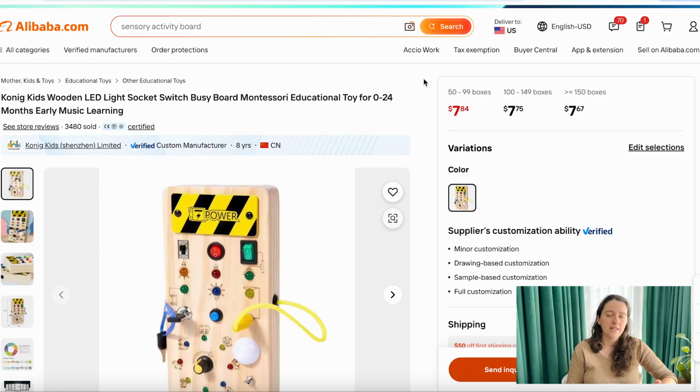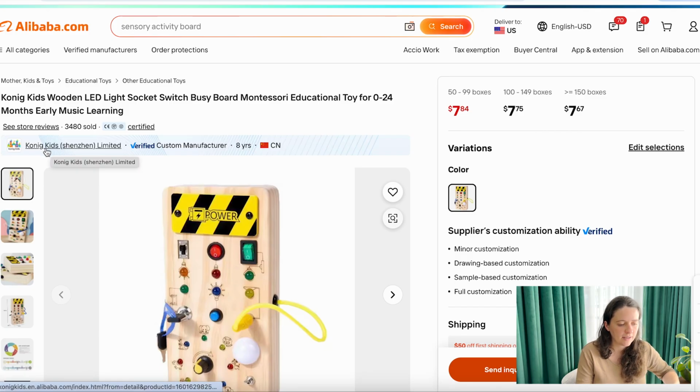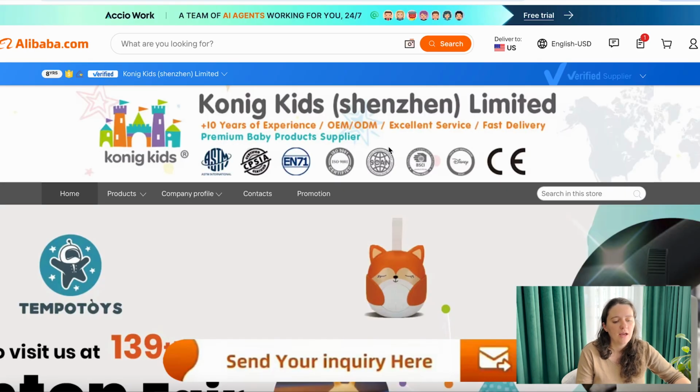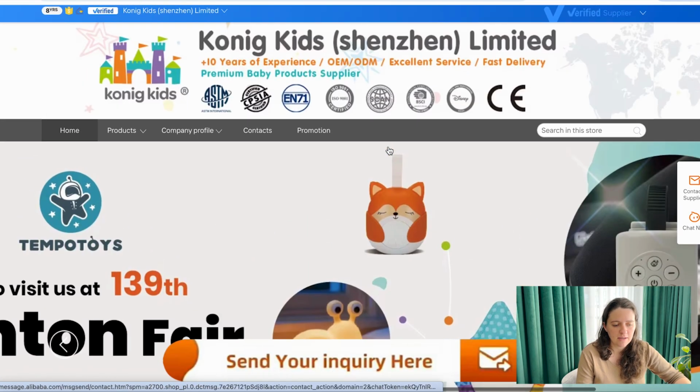So now, how do I tell the difference between a manufacturer and a trading company? I click here on the manufacturer name, Koenig Kids Shenzhen Limited. And then I see what products they make, okay?